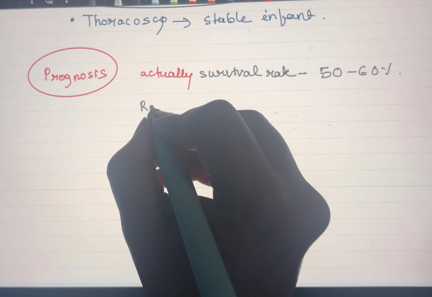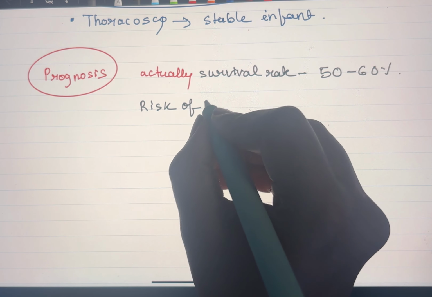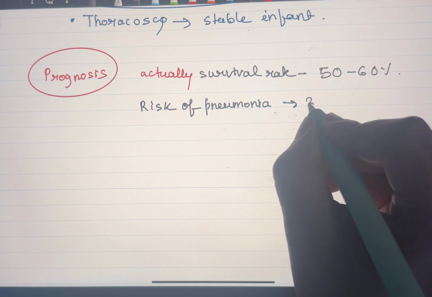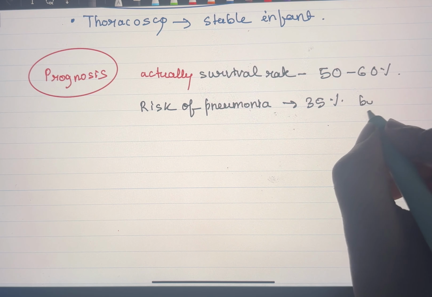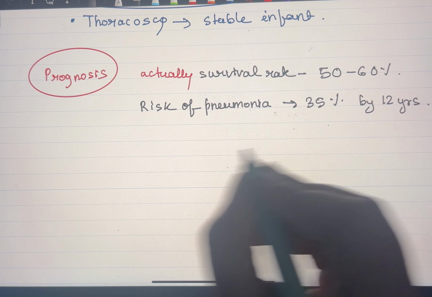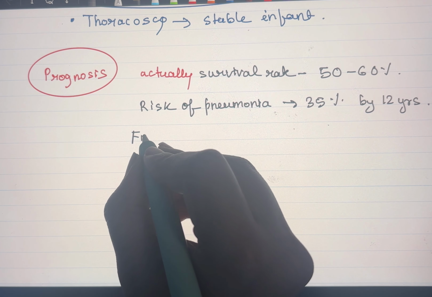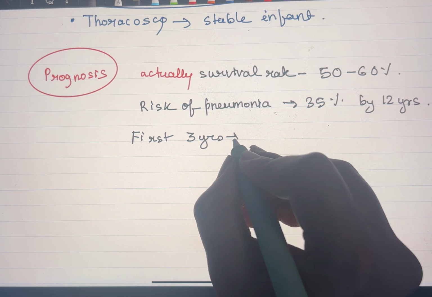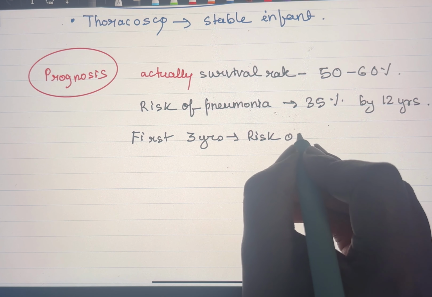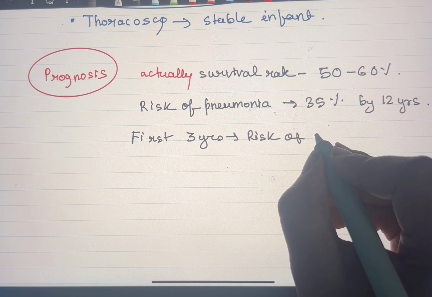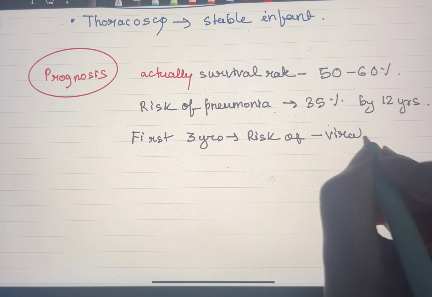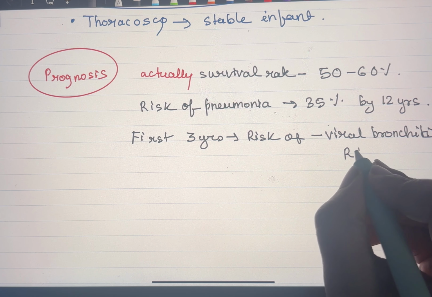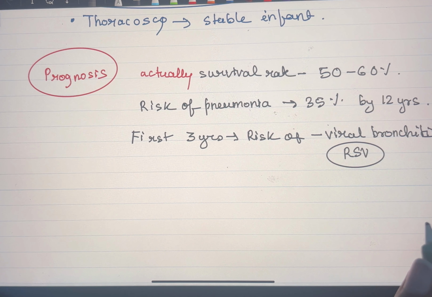These infants have risk of pneumonia, 35% by 12 years, and in the first 3 years they have a risk of viral bronchitis. By which virus? RSV, respiratory syncytial virus.